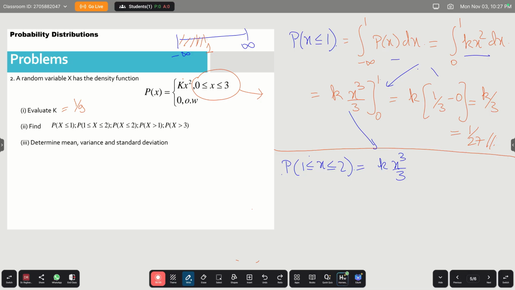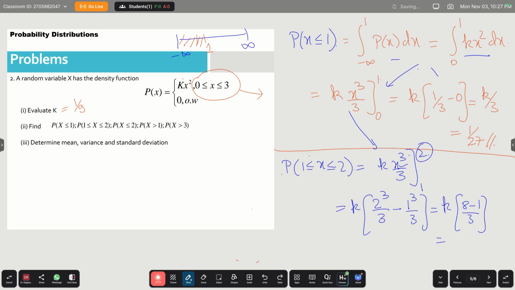When you integrate kx square you get kx cube by 3, and the limit is from 1 to 2. So when you apply the upper limit, in place of x you put 2: k into 2 power 3 by 3 minus the lower limit 1 power 3 by 3. So this will be k into 8 by 3 minus 1 by 3.